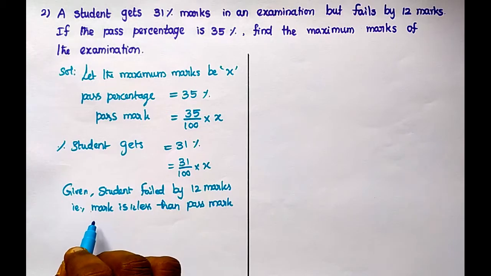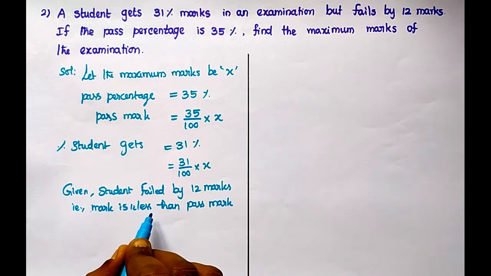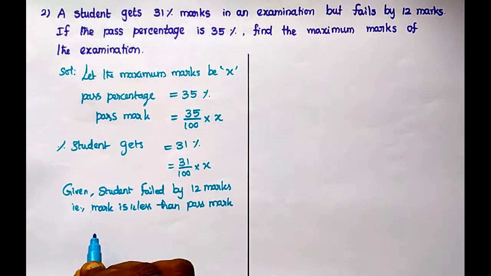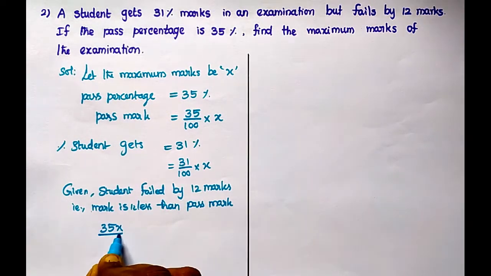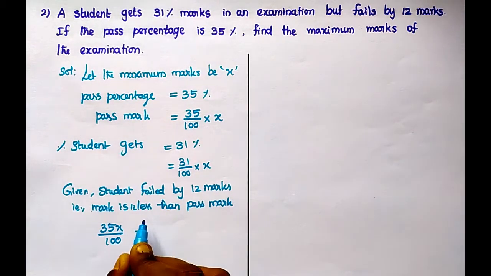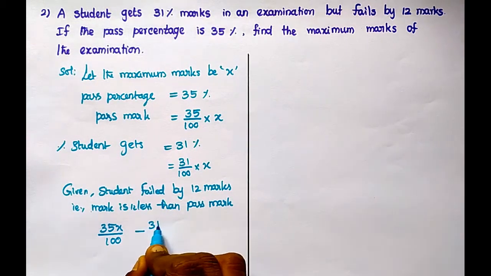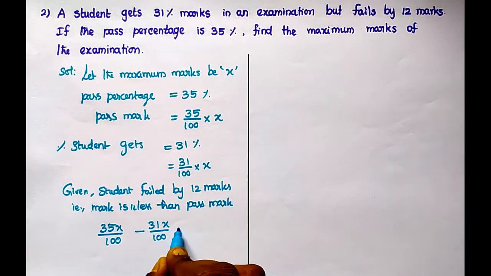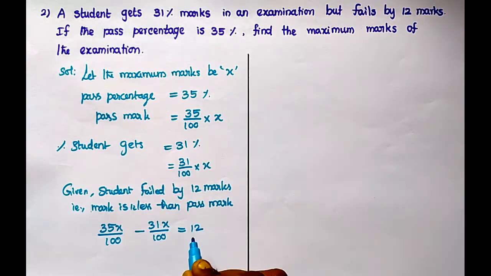So how will you write that? Getting marks is less than pass mark. So pass mark is what? 35x by 100, less means minus 31x by 100 equal to how much? 12.